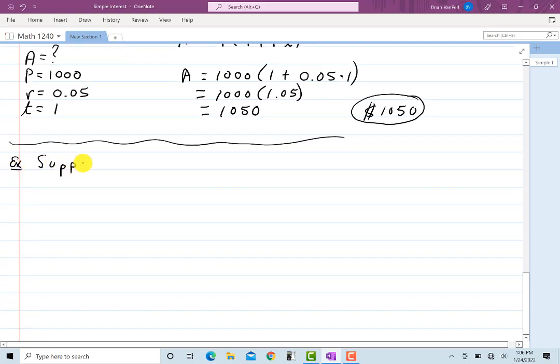Suppose we leave the deposit in the bank.